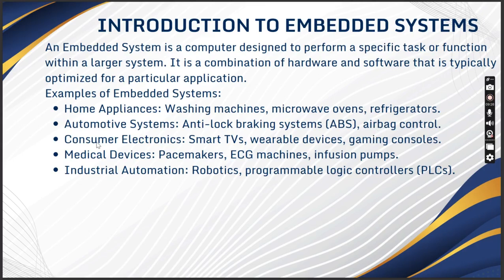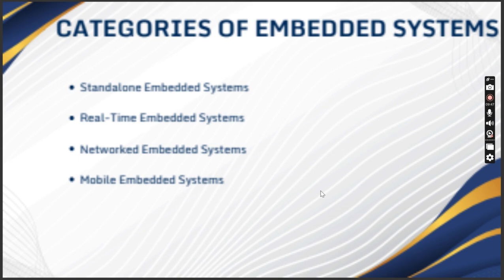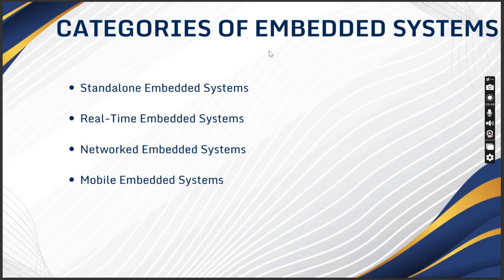In consumer electronics, it is used in smart TVs, wearable devices, and so on. In medical devices, it is used in pacemakers and ECG machines. In industrial automation, it is used in robotics and programmable logic controllers (PLCs). Next we go through the categories of embedded systems.